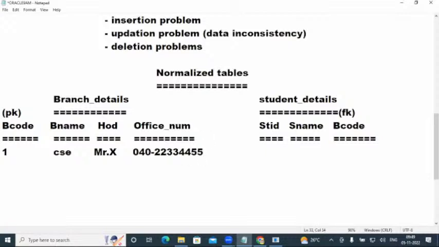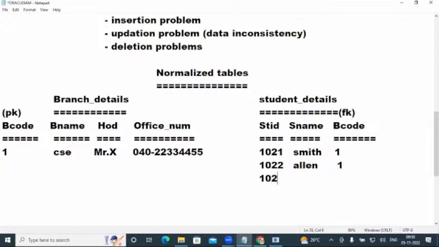Now that's over. Student ID 1021, student name Smith, branch code 1. Student ID 1022, student name Alan, branch code 1.